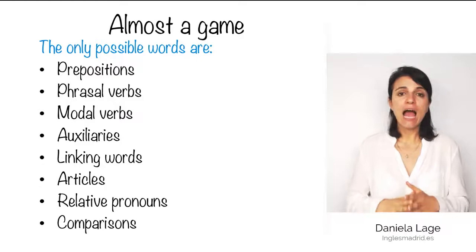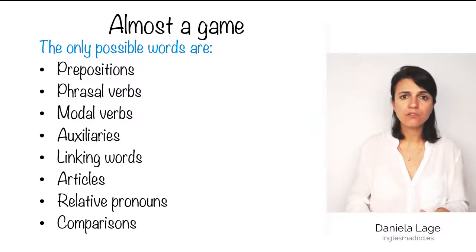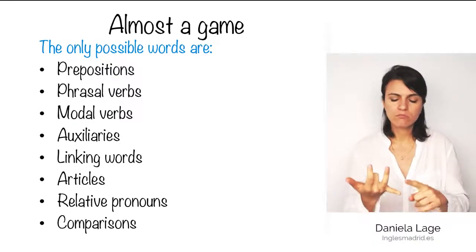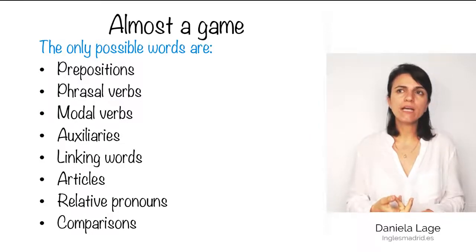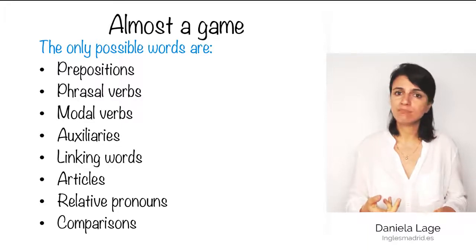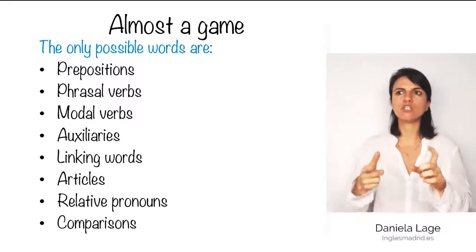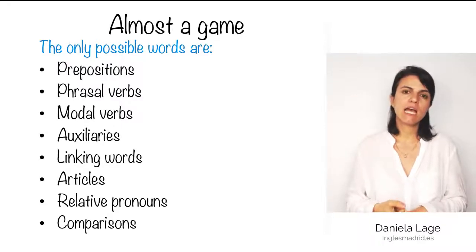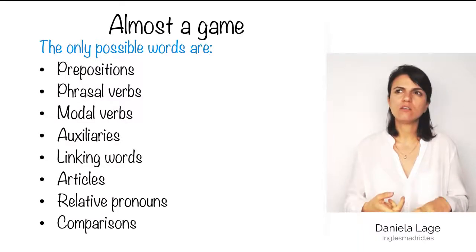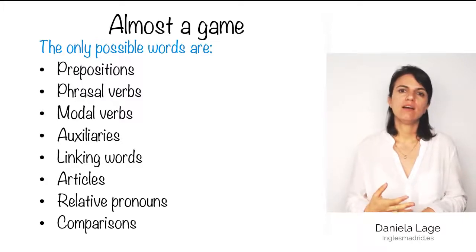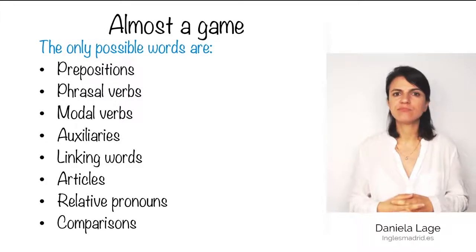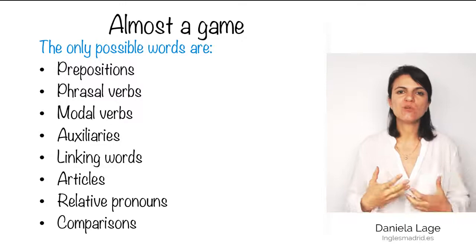Okay? I promise you, there is always a linking word. However, although, but. There is always a preposition because they give you the word, they want the preposition. Sometimes some phrasal verbs, always articles. You always have relative pronouns like who, where, which. The words start to be repeated.